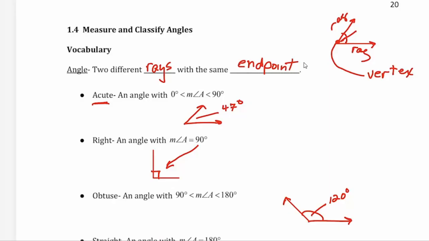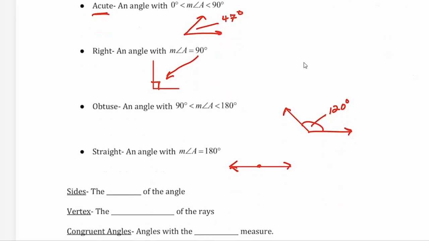A lot of this should be very familiar to you from the video that you watched after the quiz the other day. When you talk about the sides of an angle, those are the rays. There are two sides. The vertex is where the endpoints of the rays meet.